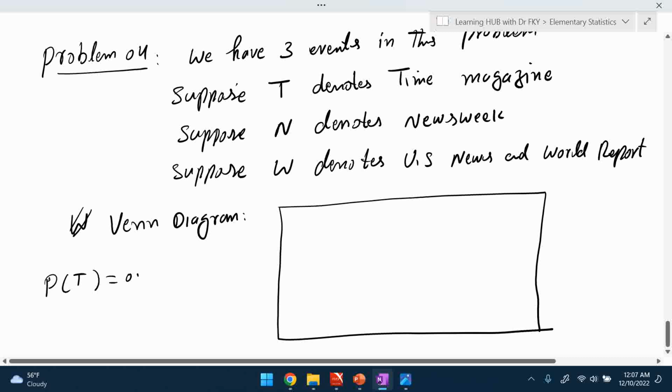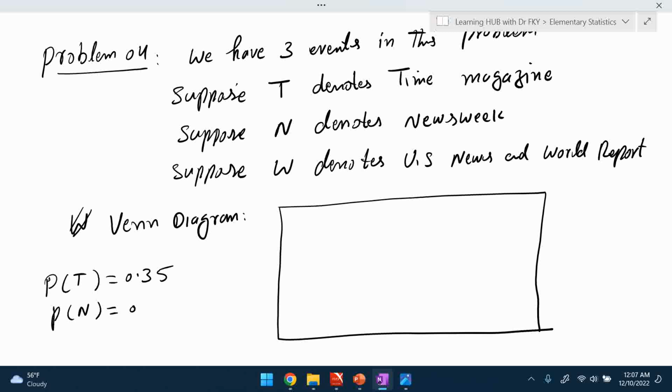So probability of T is 0.35, probability of N is 0.20, and probability of W, which denotes US News and World Report, is equal to 0.40.